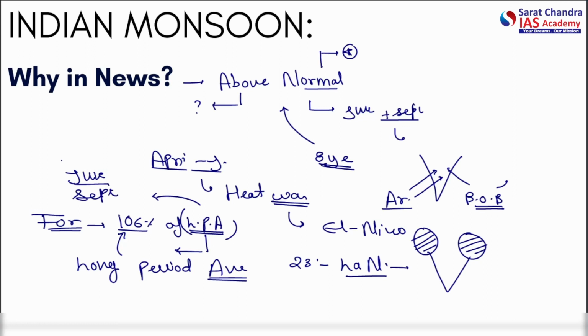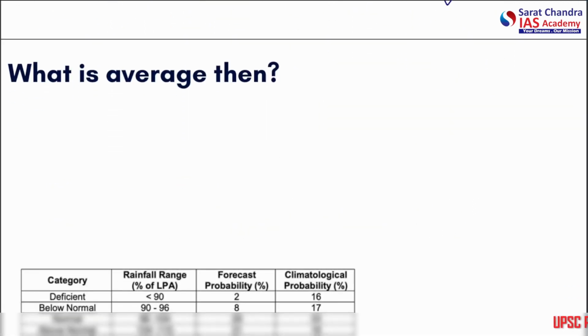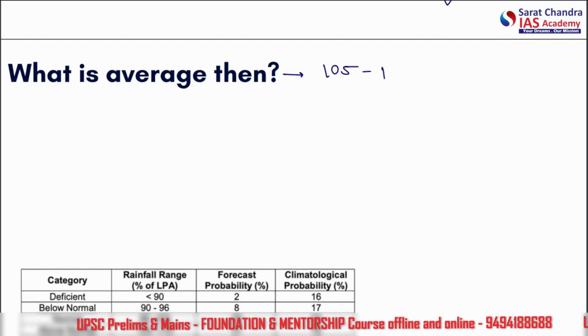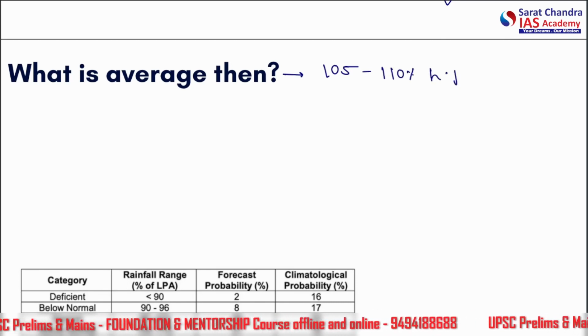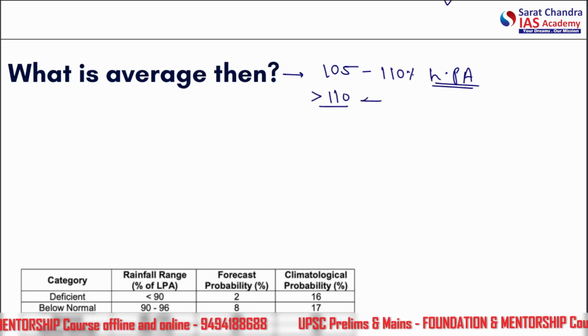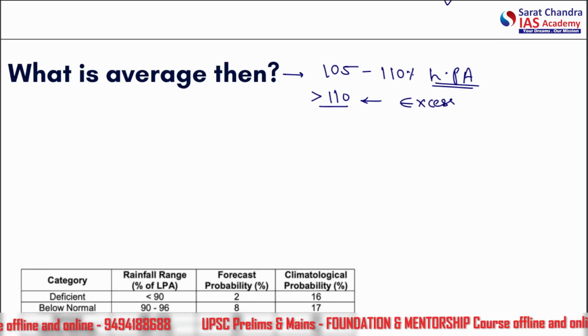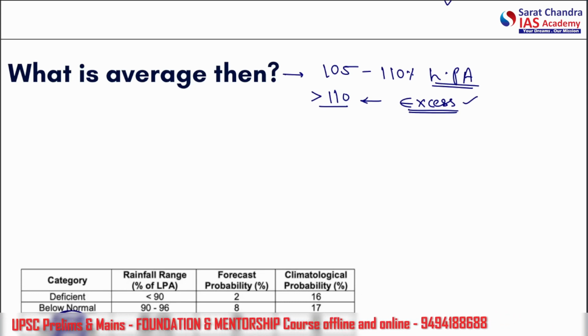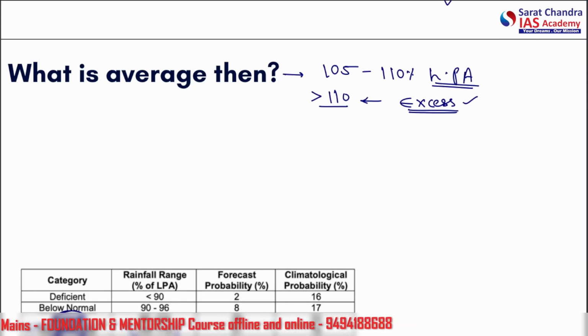Now let us see what is the LPA and what is the average. The IMD categorizes the seasonal rainfall as above normal when it ranges between 105 to 110% of the LPA. If it exceeds even 110%, then we'll say that India is going to receive excess rainfall. You can see here normal, above normal, below normal, and so on. So 106 is falling between this, so above normal category. And the forecast probability is 31% here.